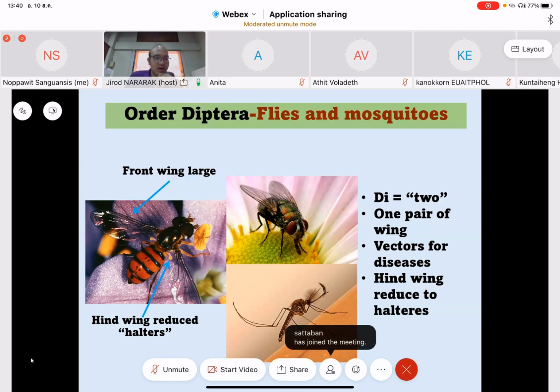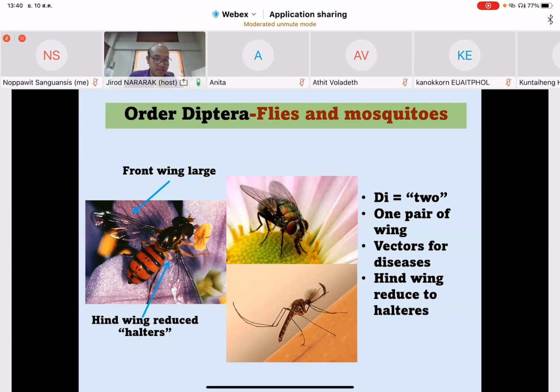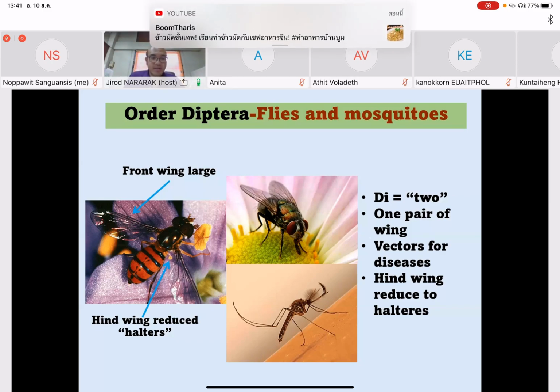They need only the front wings, and the halteres they use to balance their body when they fly. Most of them are medically important. They can be vectors, like mosquitoes or flies.